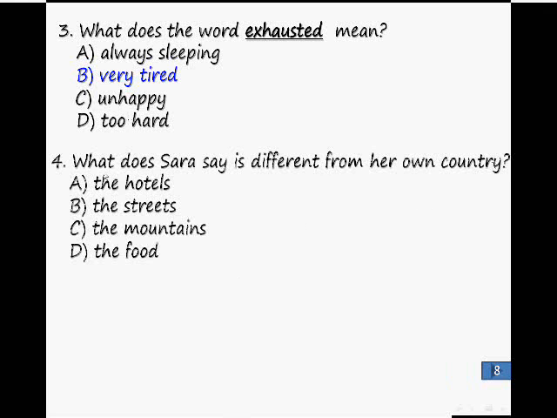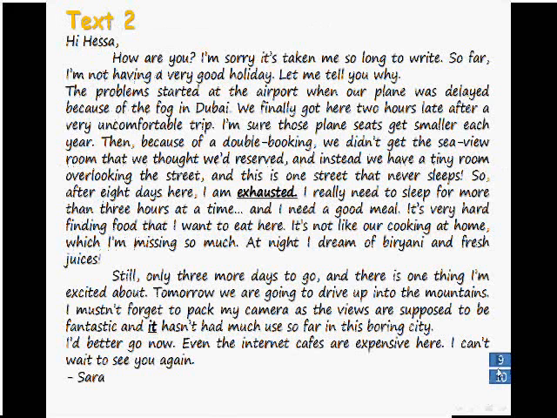Number 4, what does Sarah say is different from her own country? So again here, the question is different from her own country. So let's go back to the text. Again, we are looking in the first paragraph.